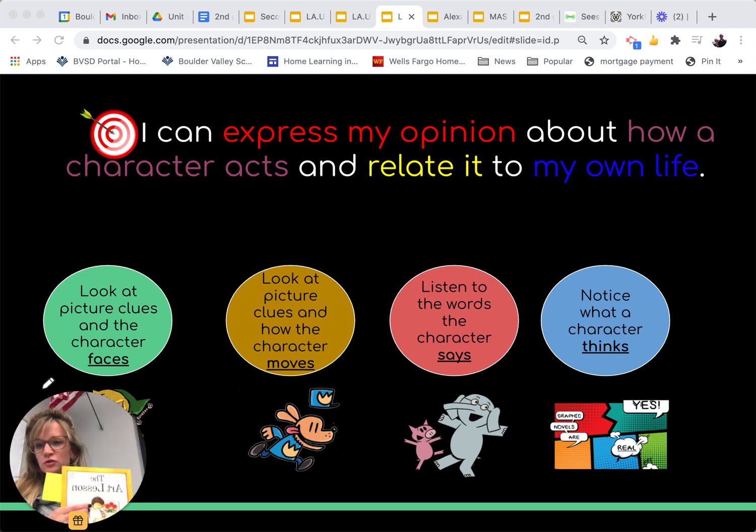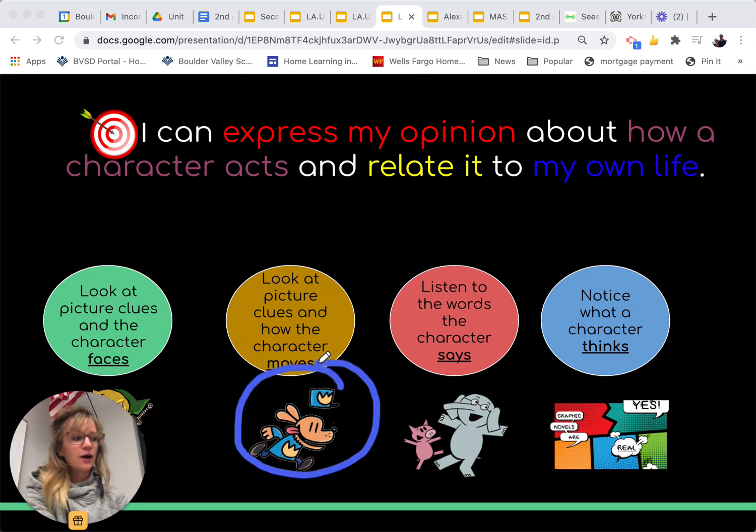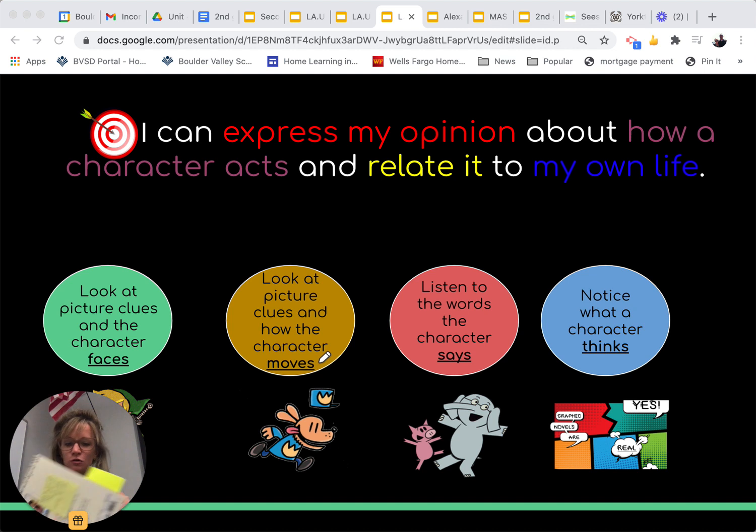The picture clues on character faces give you really good tips about how the character's acting. Number 2, I want you to look closely at the picture clues and notice how the character is moving. You can tell by this character's body and how she's moving her arms up and down, how she's acting.